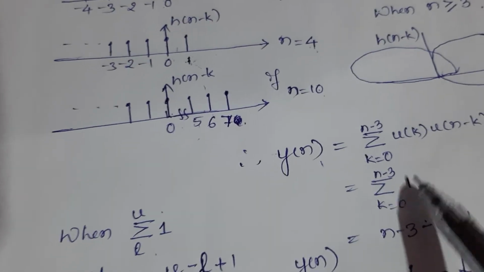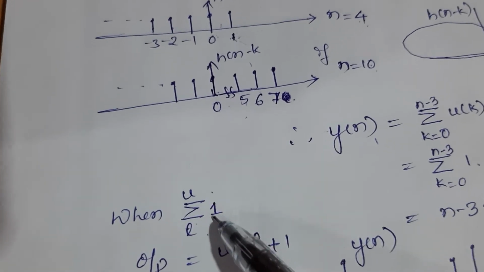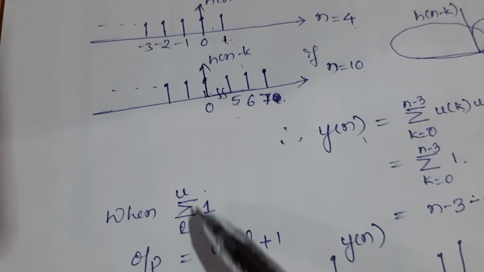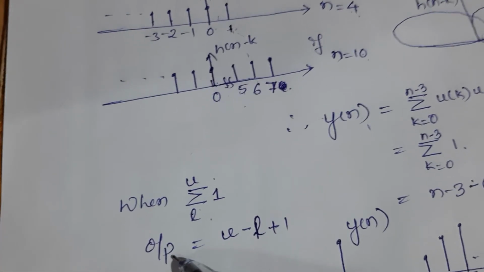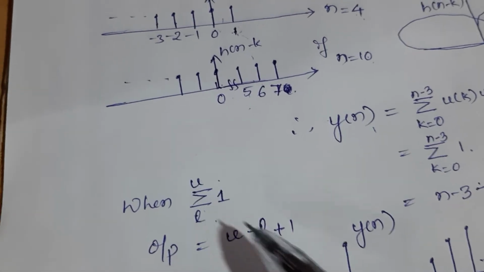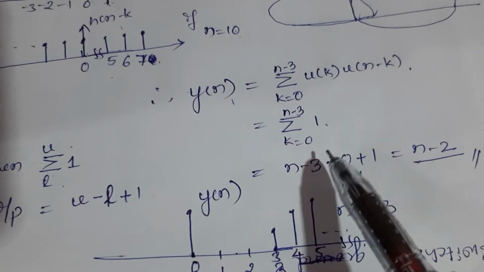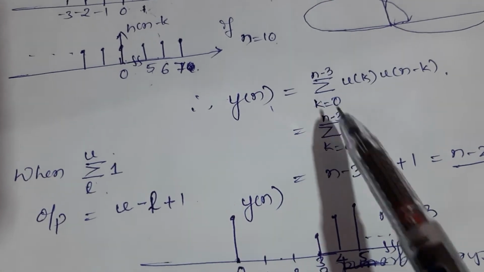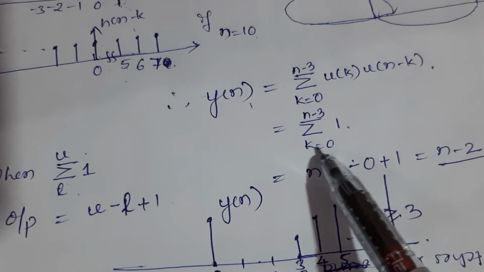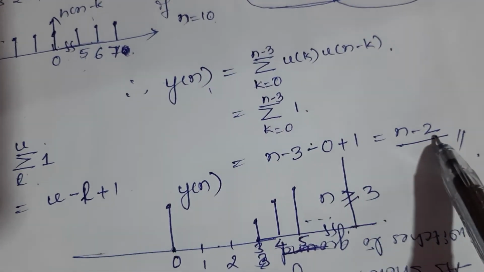Whenever we have this kind of situation in mathematics, when the summation has 1 with some lower and upper limits, its value is given by upper limit minus lower limit plus 1. So similarly, the value of the summation is upper limit minus lower limit, which is 0, then plus 1, which is n minus 2.